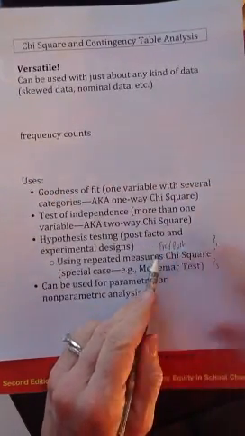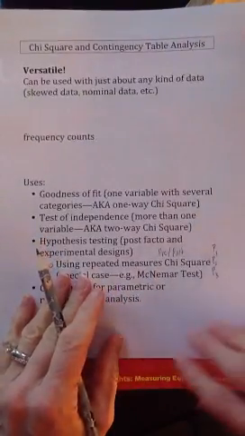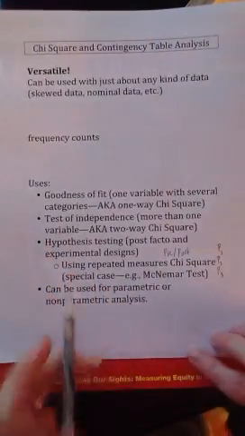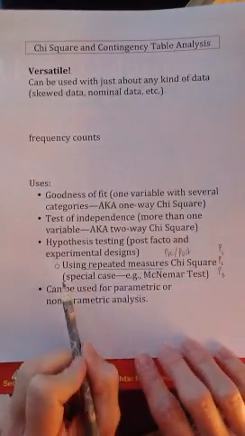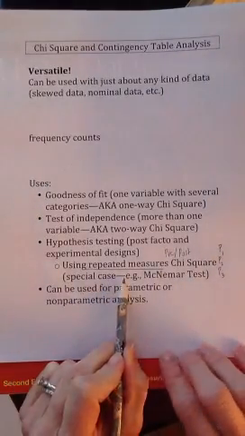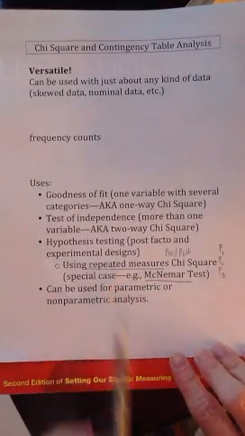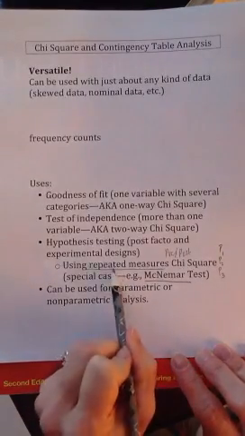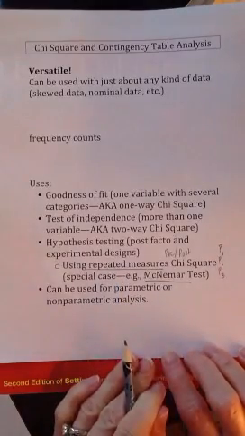Anytime you're doing pre-post or multiple points in time with the same participants, with the same cases, so to speak, you have to use repeated measures chi-square. So this is a special case of chi-square, and you can use McNemar's test if you need to do repeated measures with chi-square. We might talk about this briefly in class, but know that that possibility exists.